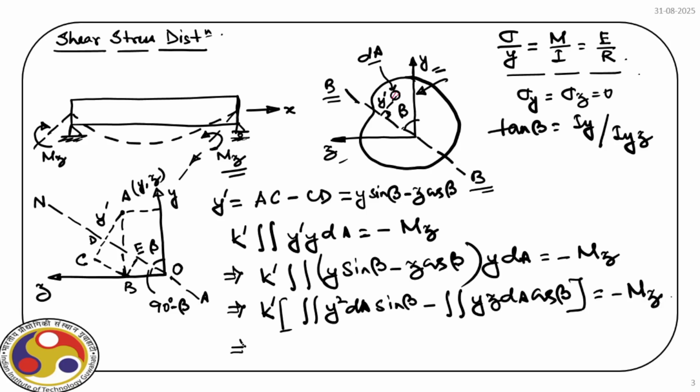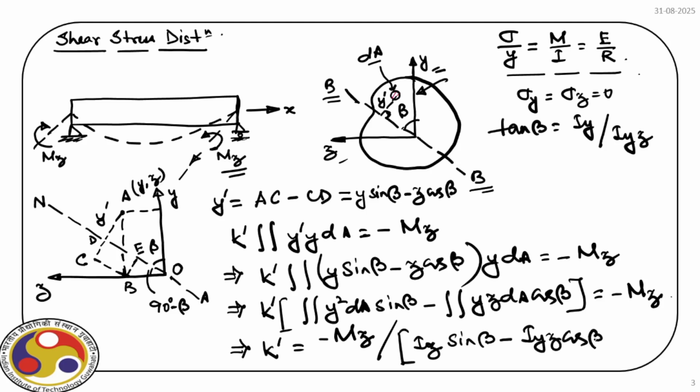So effectively what we have, k prime is equal to Mz divided by the first expression. We can identify it is Iz sine of beta minus Iyz cos of beta. And we can take this negative sign inside. So effectively we'll have this one positive and this is negative.